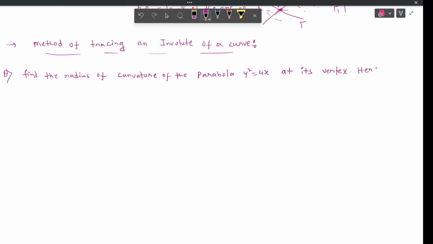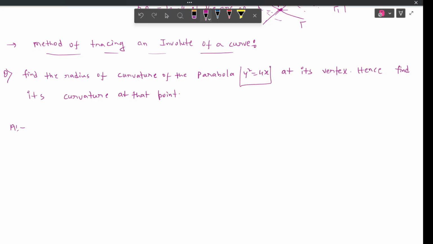Hence, find its curvature at that point. So let's see.